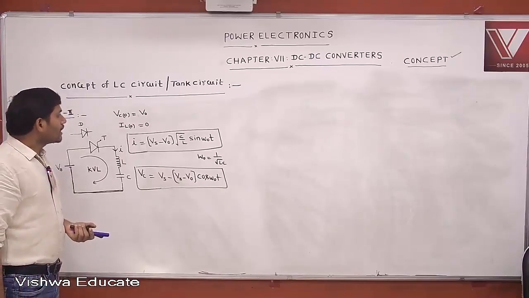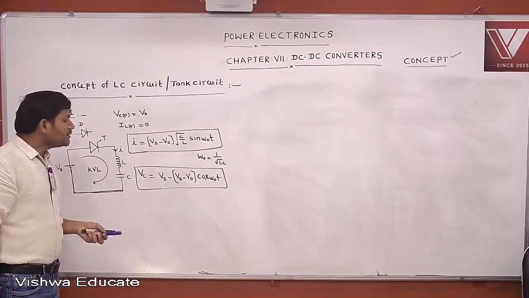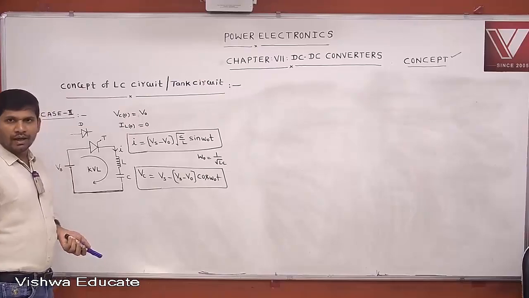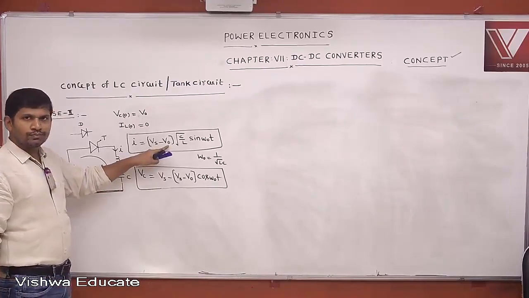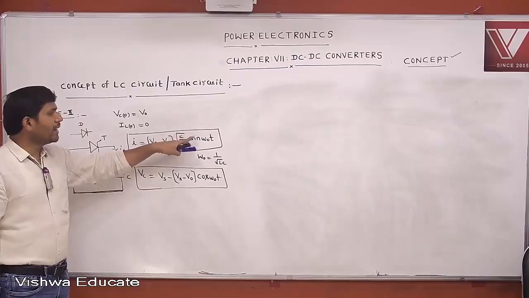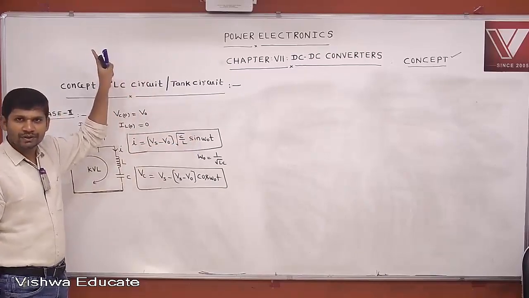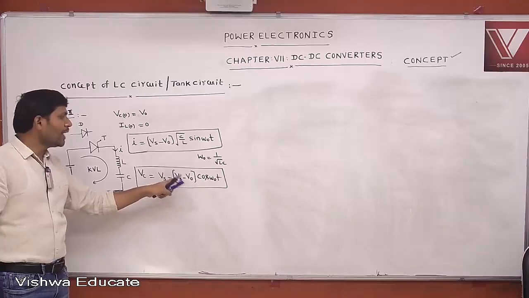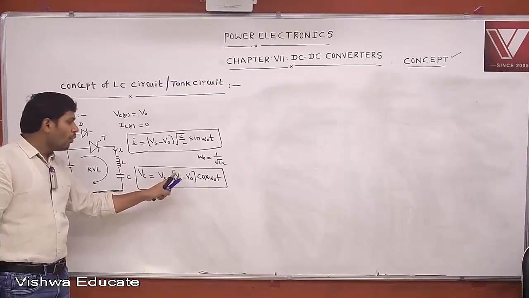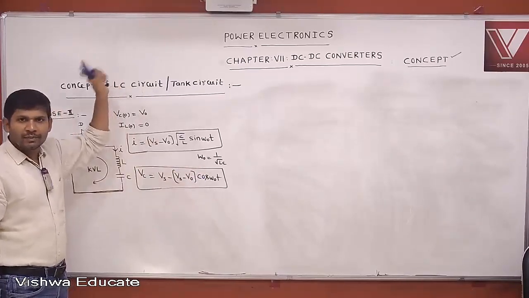The voltage across the capacitor equal to Vs minus V0 into cos omega naught t. If you substitute V0 equal to 0, you get the previous expressions: Vs into square root of C by L into sin omega naught t, and Vs into 1 minus cos omega naught t.